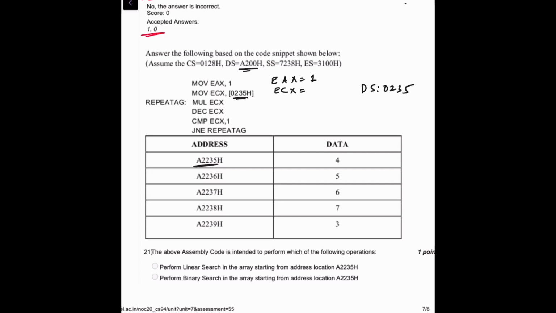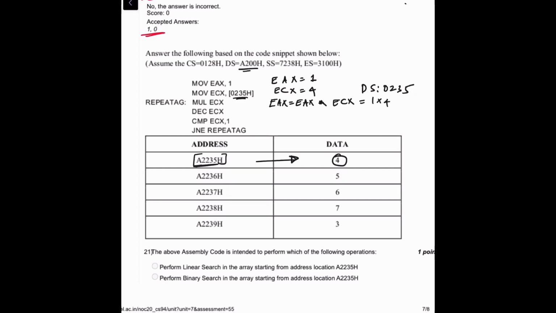So the value in this address is 4. Now this is put into ECX. Then MUL ECX: EAX equals EAX into ECX. So here it is 1 into 4.